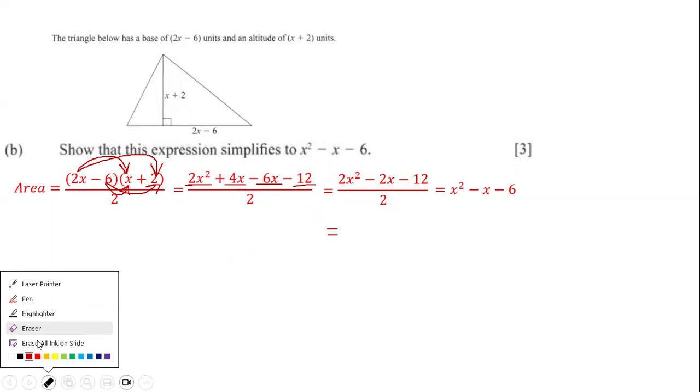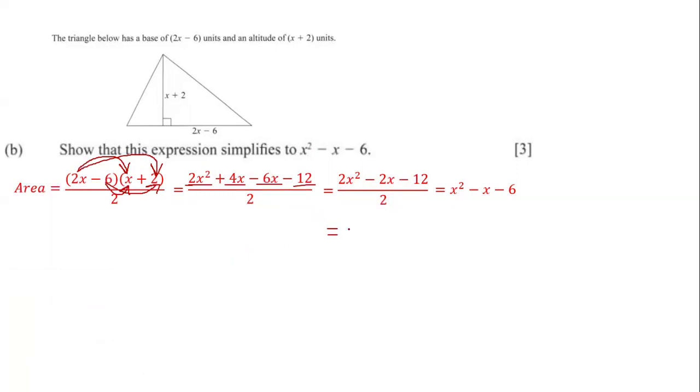So it's going to be equal to 2x squared all over 2, minus 2x over 2, minus 12 over 2.